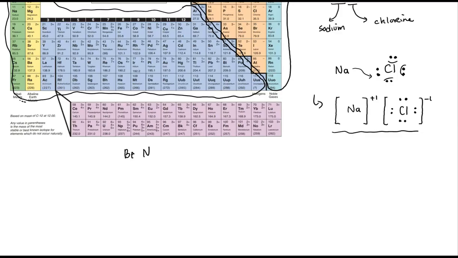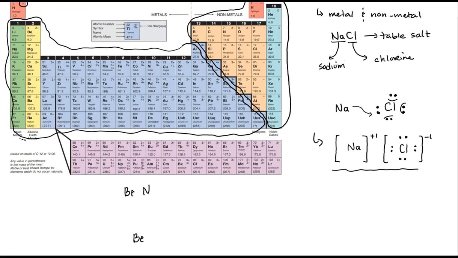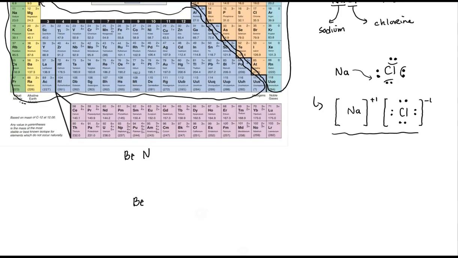Okay, so beryllium, if we draw its Lewis structure, let's take a look. It is all the way here in group 2, so we know it has 2 valence electrons.